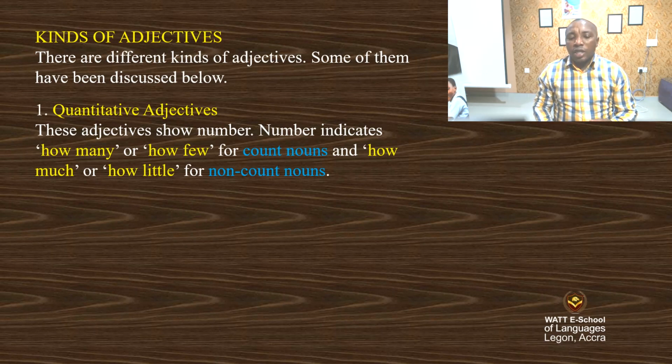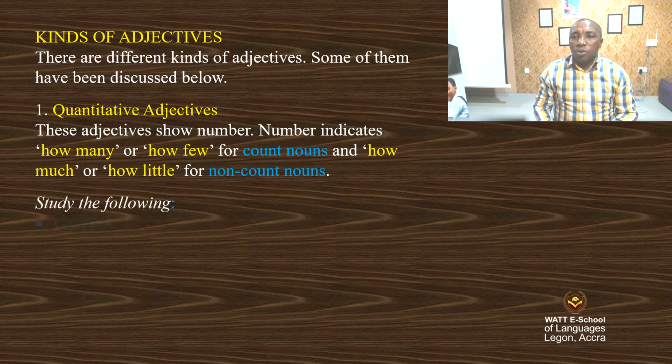And for how much and how little for non-count noun, like water, sugar, and so on and so forth. So let's study this one below. In this group, we are going to provide some adjectives for you so that you know what they qualify. Is it count noun or non-count noun?